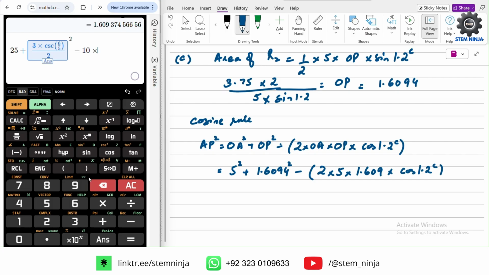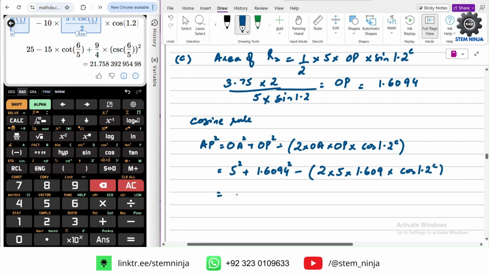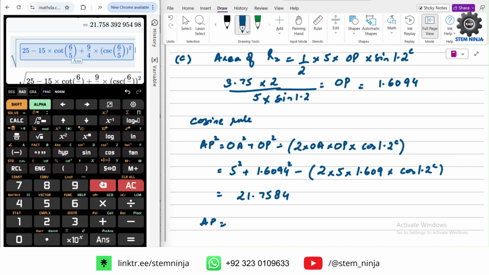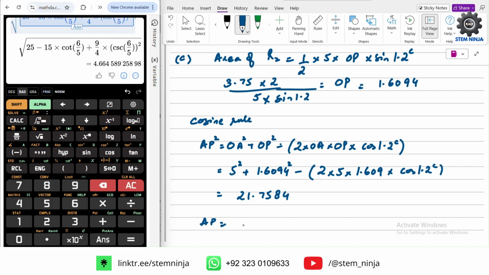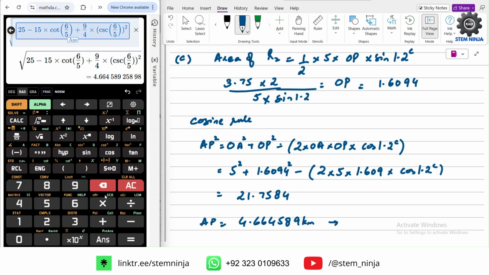We get 21.7584. So therefore AP would be the square root of the answer. We will get 4.664589 kilometers.